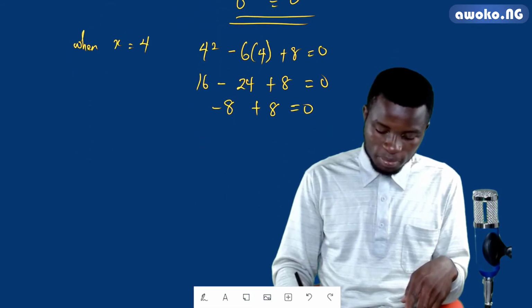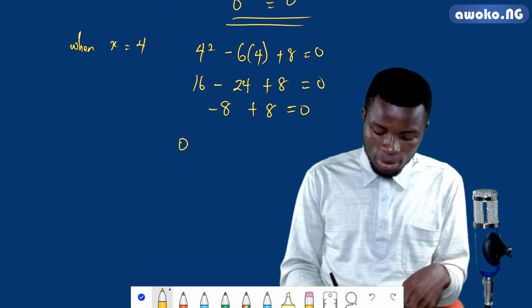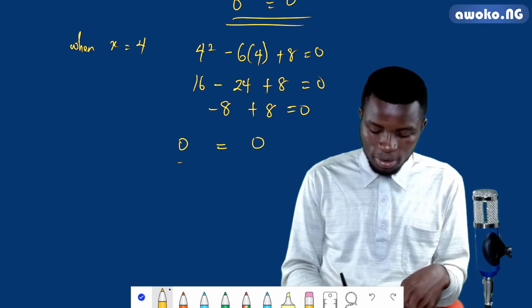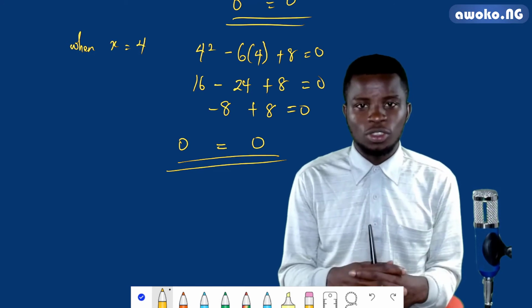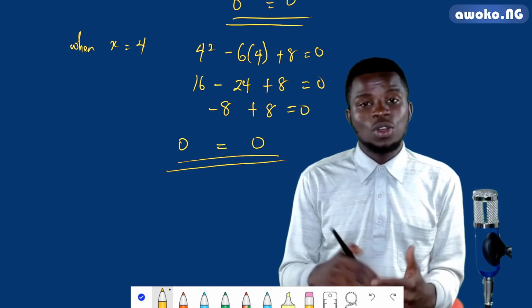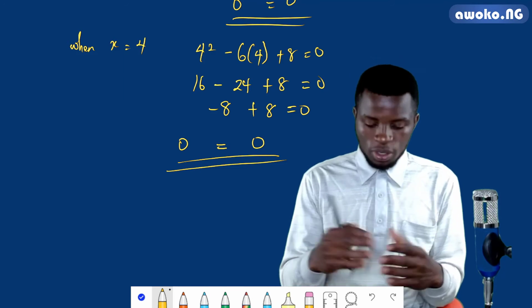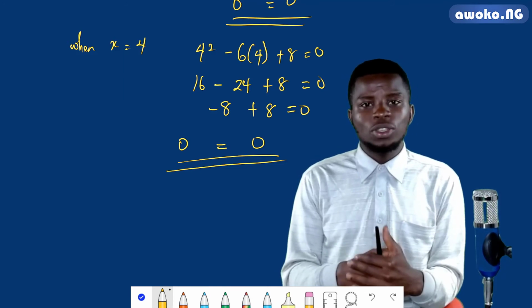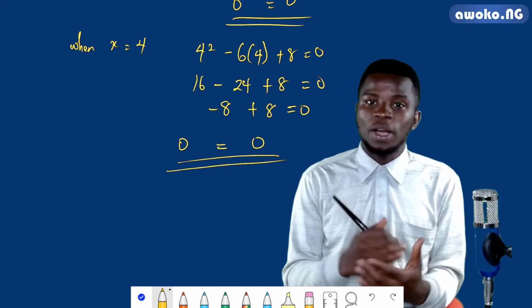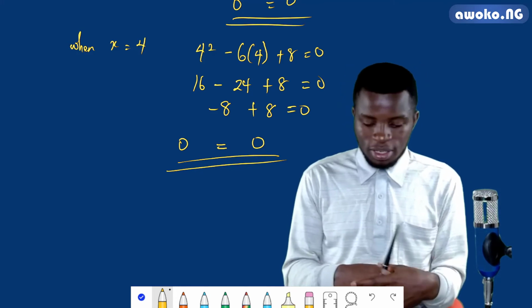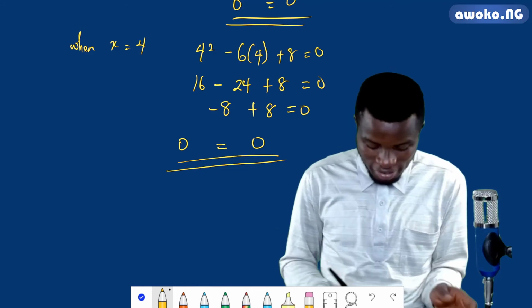Therefore, 0 is also equal to 0. And these two values are the only solutions we have to the quadratic equation. So in summary, the factorization method helps us to deduce the solution to the particular equation that we are given.